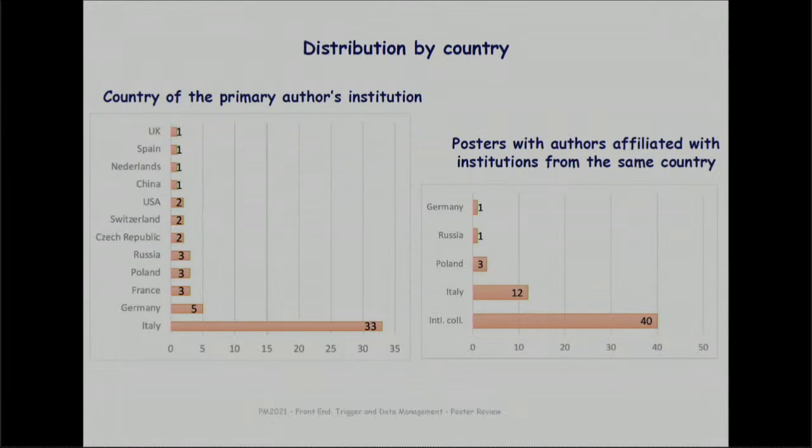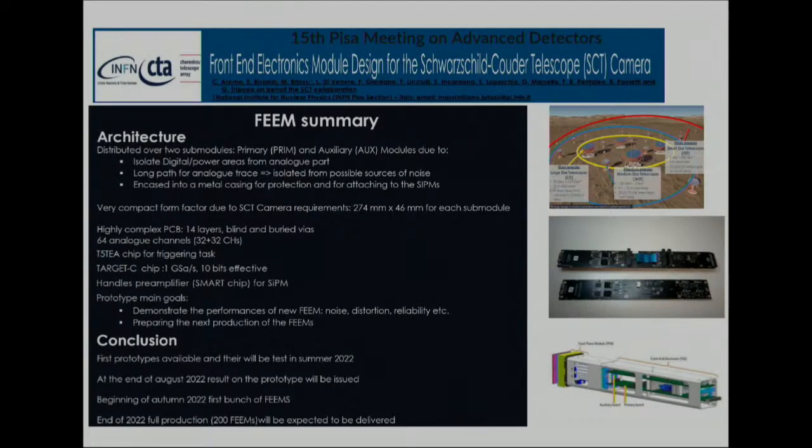So I try to go through the posters that I have selected, and actually I'm starting with the SCT telescope, which we heard in the first talk of this session, and there was a camera, and the readout for the camera of this telescope developed. It's 11,000 pixels. It has primary and auxiliary modules to separate digital and analog channels.